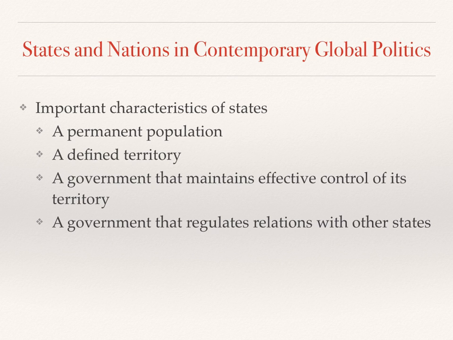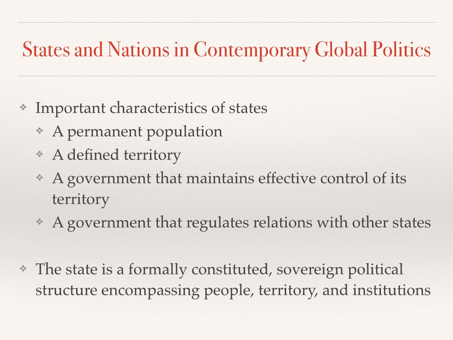So this government that maintains direct control over a particular population within a territory regulates relations with other similar type governments that also maintain territorial control over a population. Okay, and it's the government that's in charge of regulating relations with other types of states. So the state is a formally constituted sovereign political structure encompassing people, territory, and institutions.